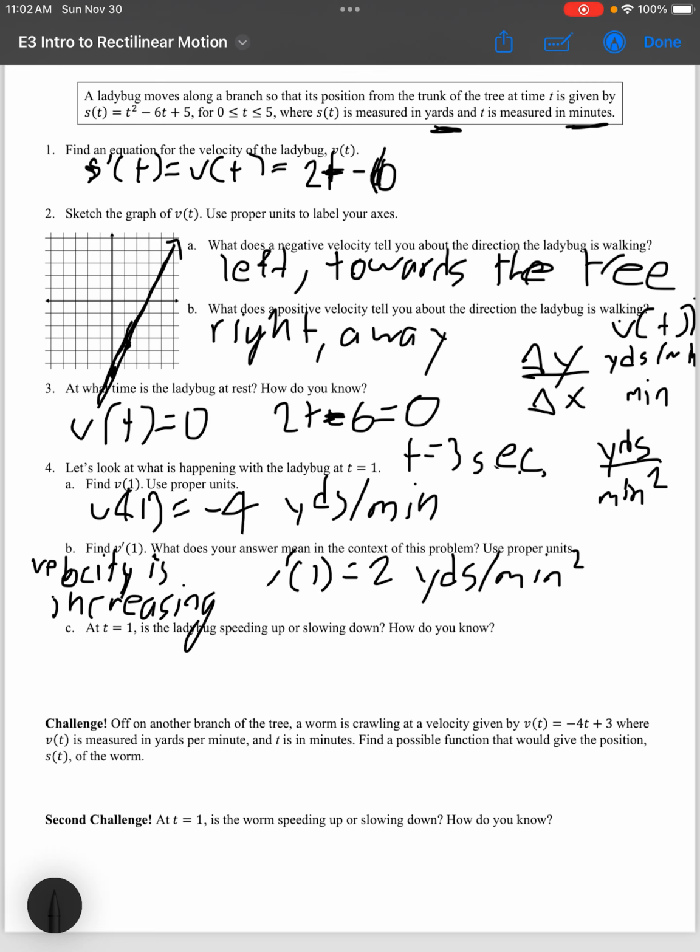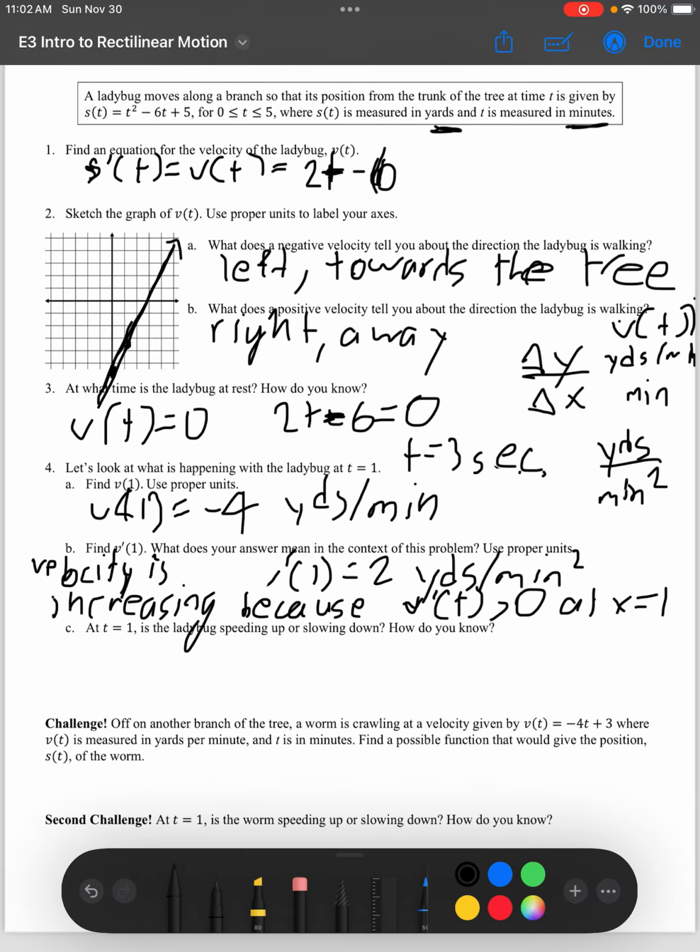So you really need to go in depth and make sure that your why is correct. So because v prime of t is greater than 0 at t equals 1, velocity is increasing, because the acceleration is positive.